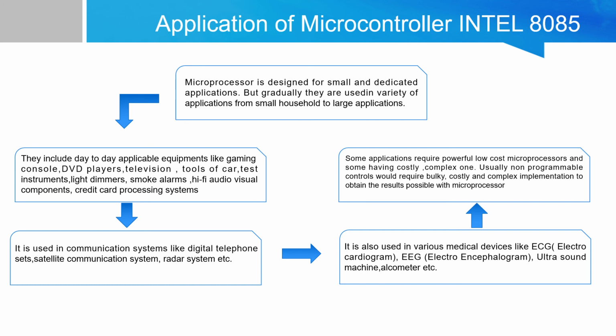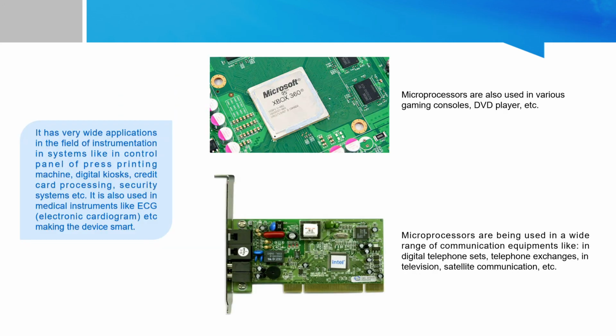So some applications require powerful low-cost microprocessors, and some require costly, complex ones. Usually non-programmable controls would require bulky, costly, and complex implementation to obtain the results possible with a microprocessor.